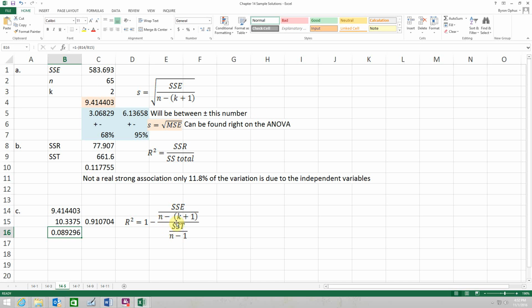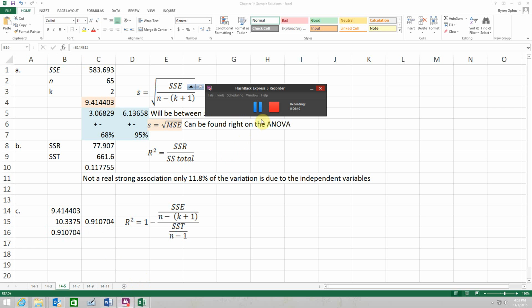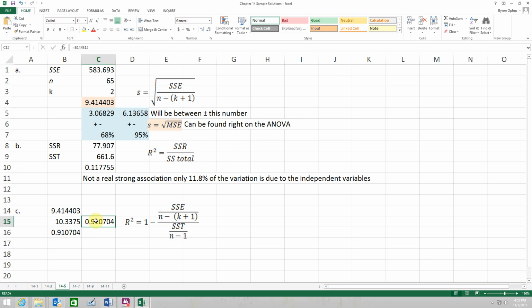Now I have to divide those two, because there's the top part of the equation and here's the bottom part. So it's equal to this one divided by this one. Hang on, I did something wrong here. I just put it in the wrong place. I had divided it here.